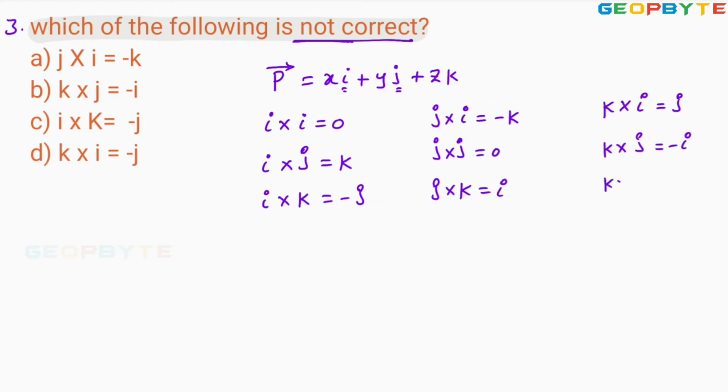And k into k, the same kind of cross product, must be equal to 0. Try to remember these 9 relations because questions are frequently asked on this particular concept.